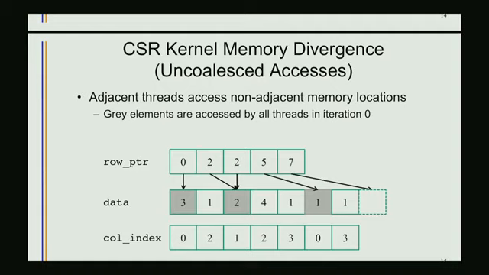If we're reading from global memory, thread 0, iteration 1 is reading 3. Thread 1 is reading nothing, actually. Thread 2 is reading the 2, and thread 3 is reading this, and so on. It's all sparse. And for a large system, that could be very, very uncoalesced. So threads are doing a different amount of work, and they're all uncoalesced. Let's see if we can do something about that.